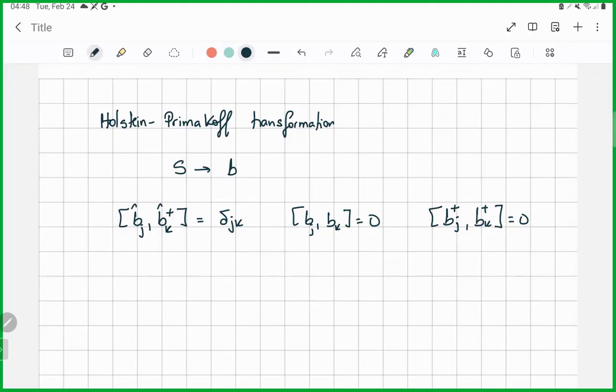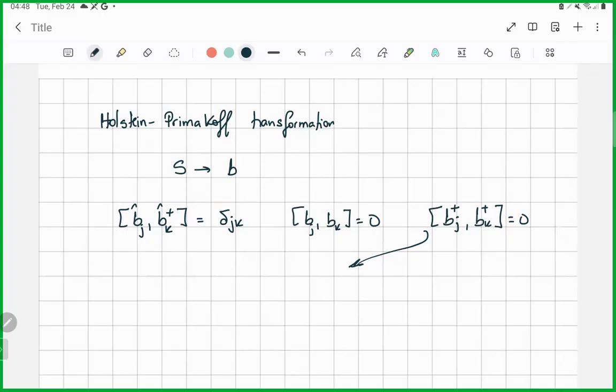So what is the importance of these commutation relations? Well, one important thing is that the order doesn't matter. The bosonic creation operators commute, so the order in which we create the bosons does not matter.